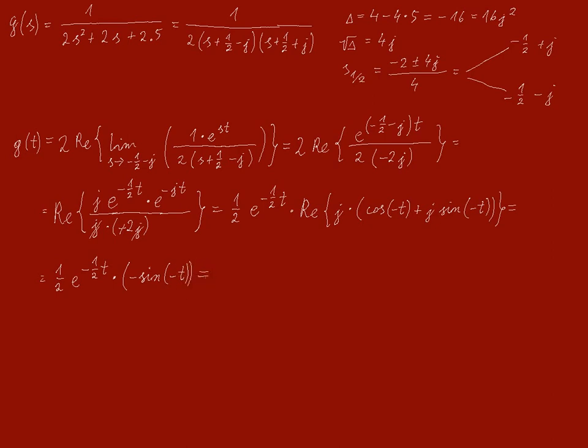If we don't remember the properties of the trigonometric function, we can simply draw it. We see that the sine of a negative angle is equal to the sine of a positive angle, but with the opposite sign.